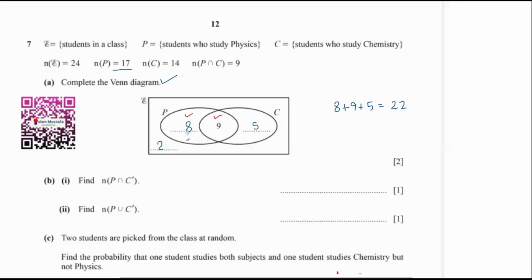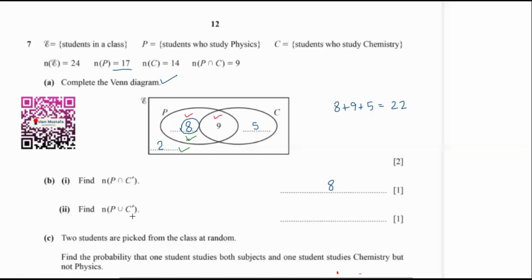Outside of this region we mark as green. Now N of P intersection C dash is where both marks exist. You see here, this is the value 8. That's equal to N of P intersection C dash, and this is the answer, 8.